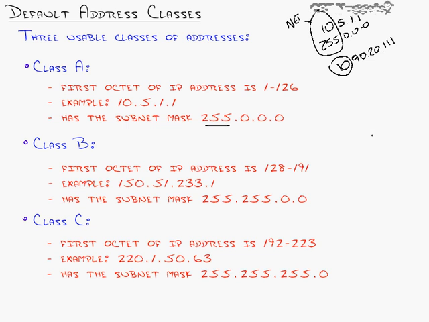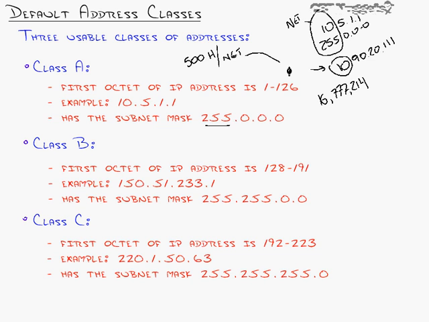Now just to give you an idea, if you use Class A subnet masks, you will have 16,777,214 hosts available to you on one network. Let me put that in perspective. Cisco recommends that you do not go above 500 hosts per network, because if you do, the broadcast traffic starts to get a little unruly and it can actually affect the performance of your PCs that you attach to the network.